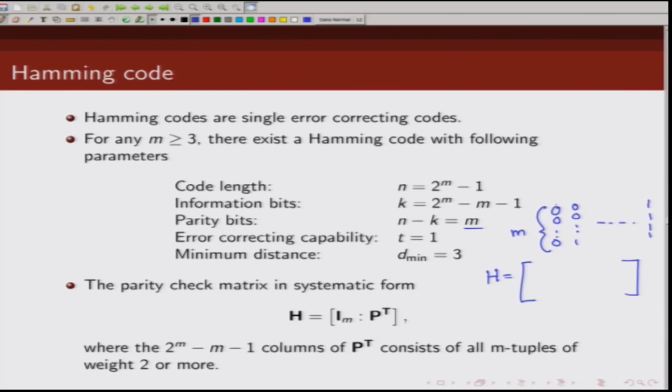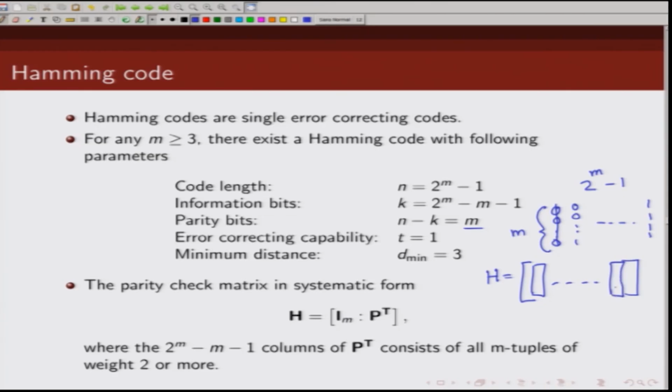If we remove the all 0 tuple, the total number of non-zero m tuples is 2 raised to the power m minus 1. So, the columns of the parity check matrix of a Hamming code are nothing but the non-zero m tuples. There are a total of 2 to the power m minus 1 of them.